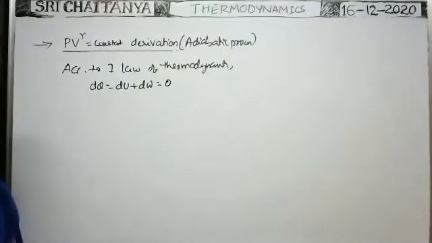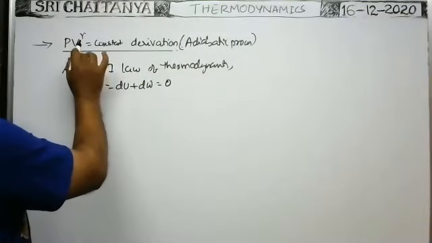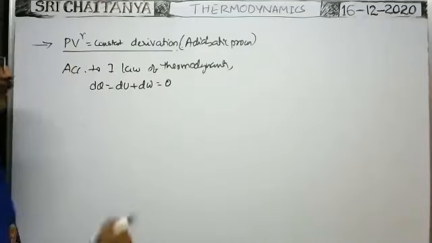So in the adiabatic process, I am going to derive the PV to the power gamma is equal to constant relation.